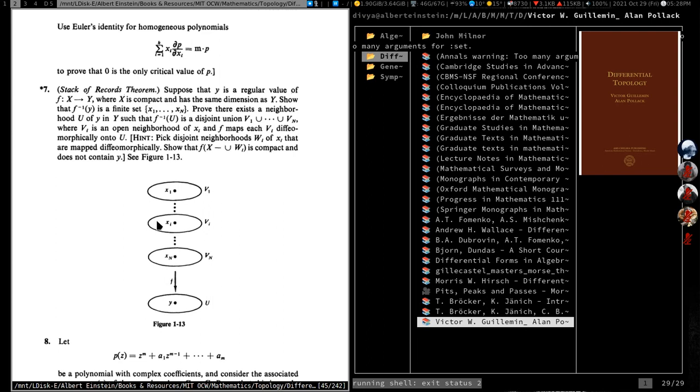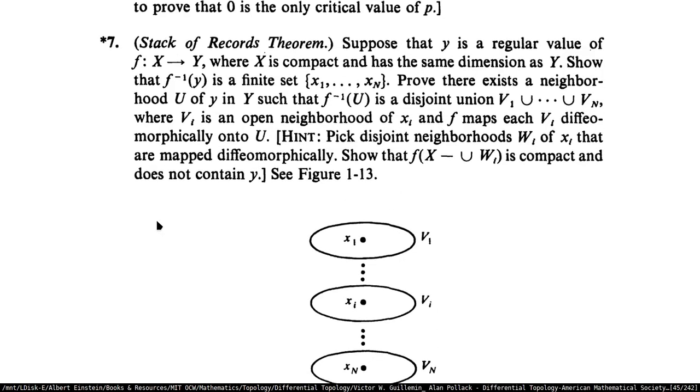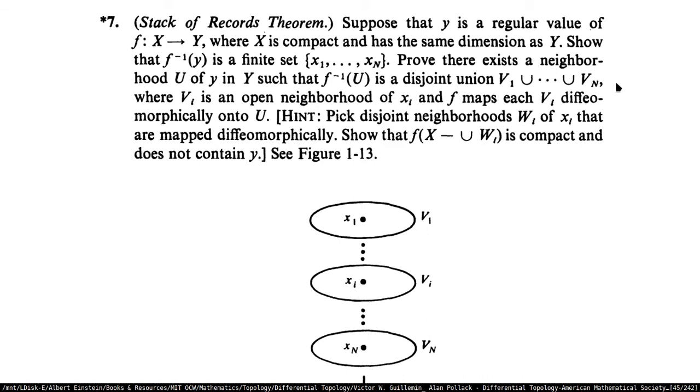Yeah, so this is the stack of Recur's theorem, which says that if you have y as a regular value of f and x is compact and has the same dimension as y, you have to show that the pre-image is a finite set, blah blah blah. Prove that there exists a neighborhood U of y in capital Y such that the pre-image of that neighborhood is a disjoint union, right?